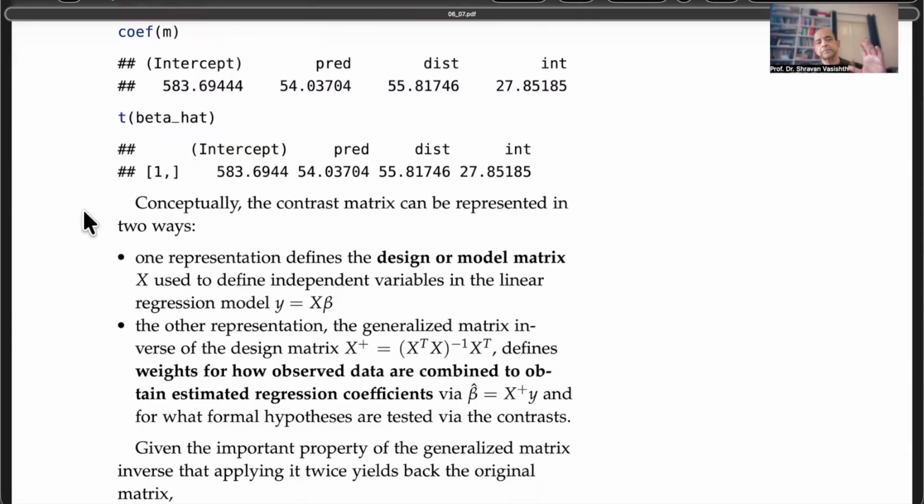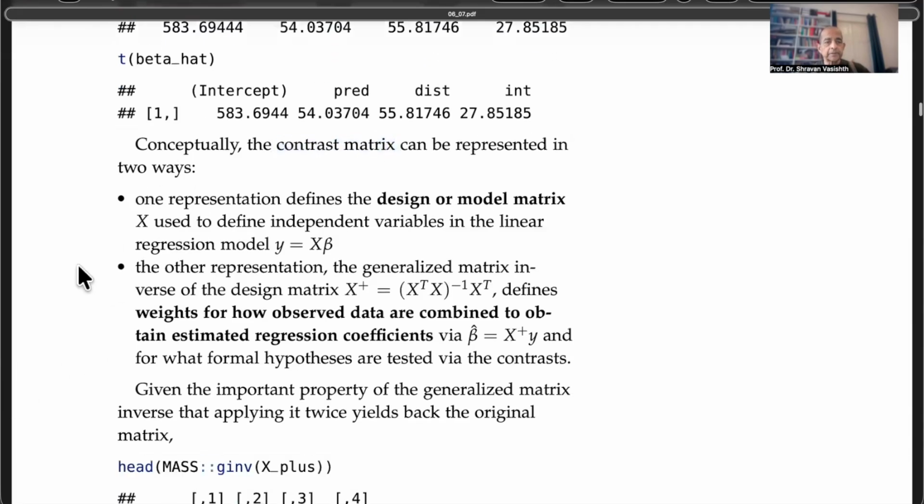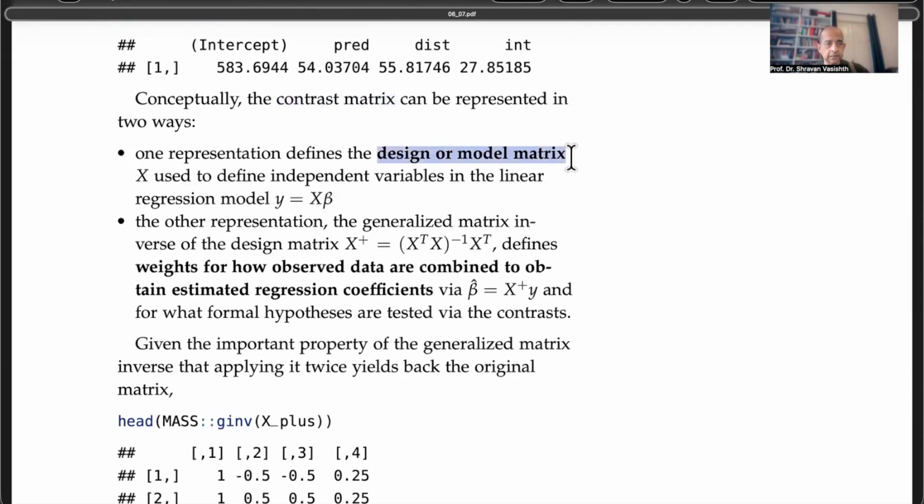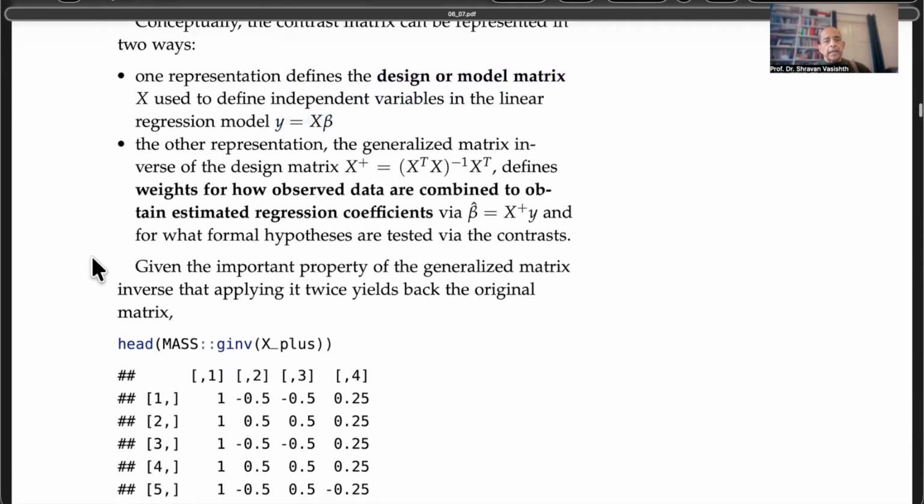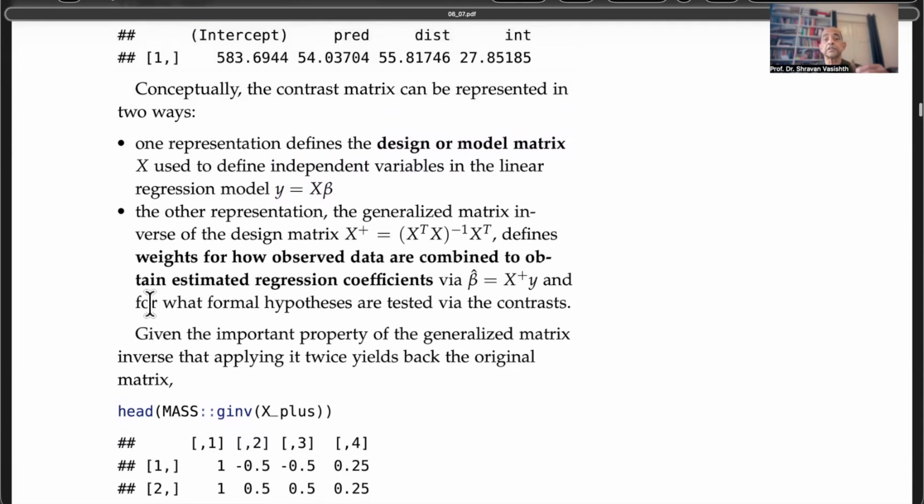So conceptually, the contrast matrix can be represented in 2 different ways, which I'm getting to in more detail soon. One representation defines the design or model matrix, right? That's the capital X matrix that I just mentioned, and it defines the independent variables in the linear regression model. This is the equation I started with today. The other way to talk about the contrast matrix is in terms of the generalized matrix inverse, the X plus matrix.